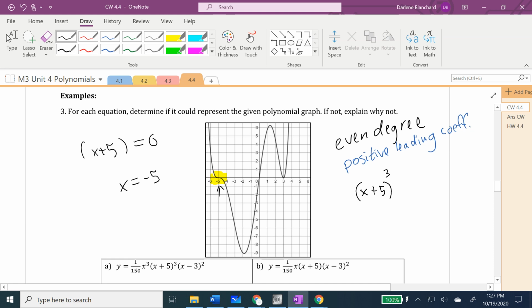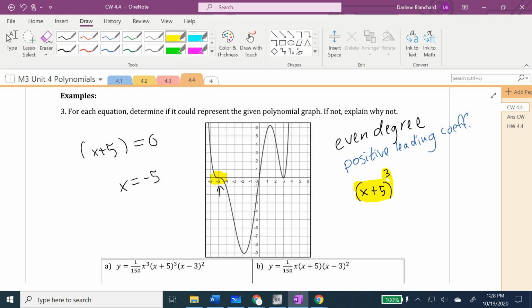So if you're trying to figure out which of those multiple choice answers goes with this graph, you know you've got to be finding a factor of x plus 5, and it needs to be either a 3, a 5, or a 7, an odd number that's 3 or larger.